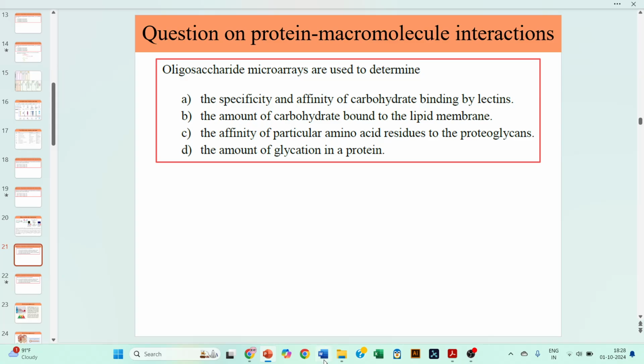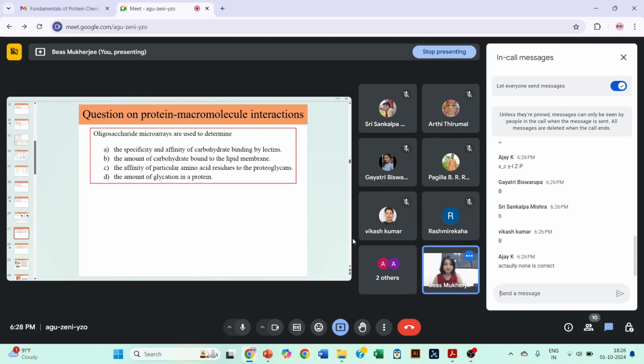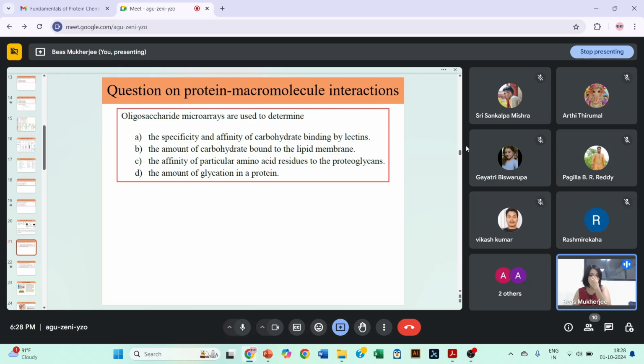Right. Now we have a question on oligosaccharide microarray. Okay, try to answer this question. Oligosaccharide microarrays are used to determine, the first option is specificity and affinity of the carbohydrate binding by lectins. The second option is the amount of carbohydrate bound to the lipid membrane. Okay. The third option is the affinity of a particular amino acid residues in the proteoglycans and the amount of glycation in the protein.